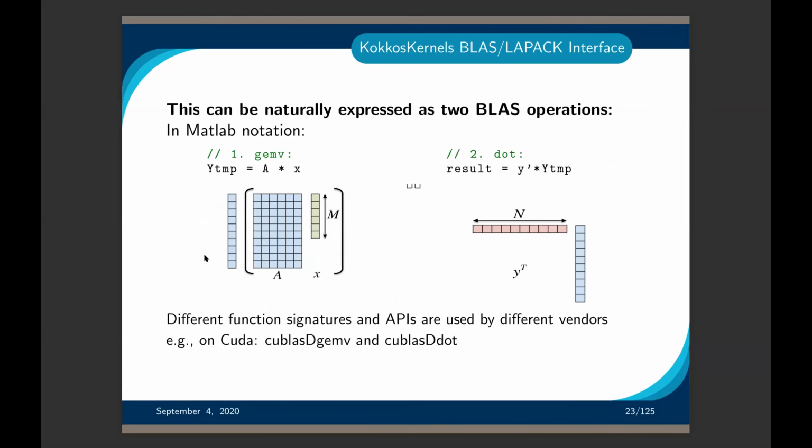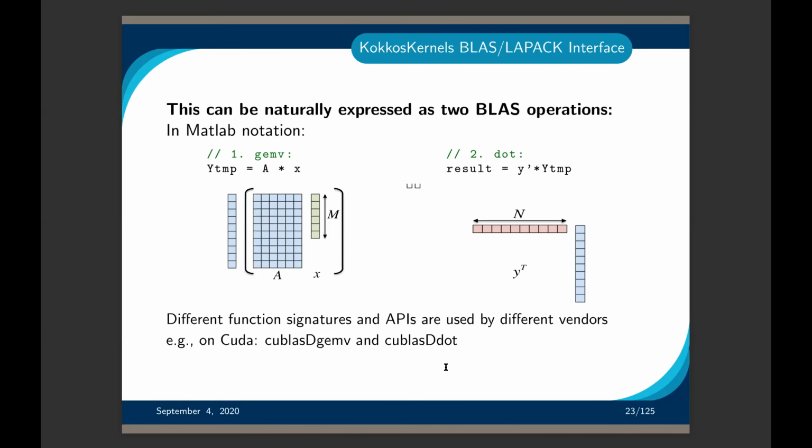So we can divide this operation into two. One is the matrix-vector multiplication. In the BLAS standard, we call it GEMV. And the second one is the dot product. We just give the MATLAB notation here. So if we code this, even though we use Kokkos, if we just want to call different BLAS functions on different architectures, that means you need to write separate routines for the different architectures.